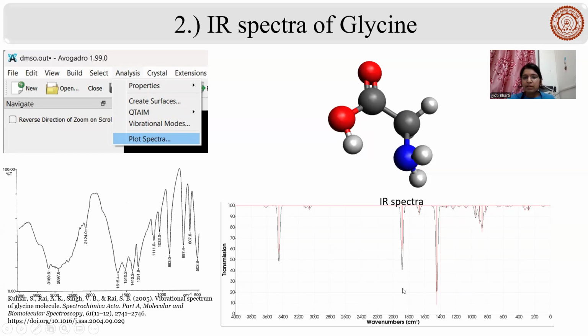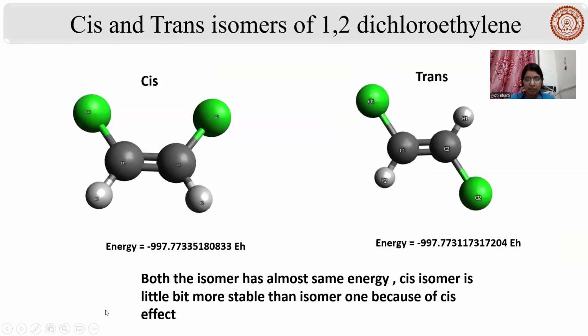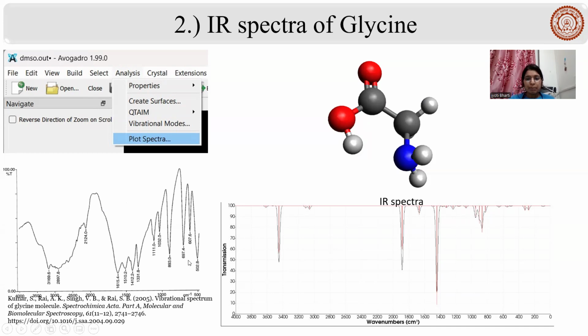So we got the IR spectrum for glycine like this, and we found a paper also. I have mentioned the reference. So this is the paper. We can see that the peaks we are getting are quite matching here. The peak we are getting near 3,360 here, and we know that in an IR spectrum the range from 500 to 1500 is the fingerprint region.